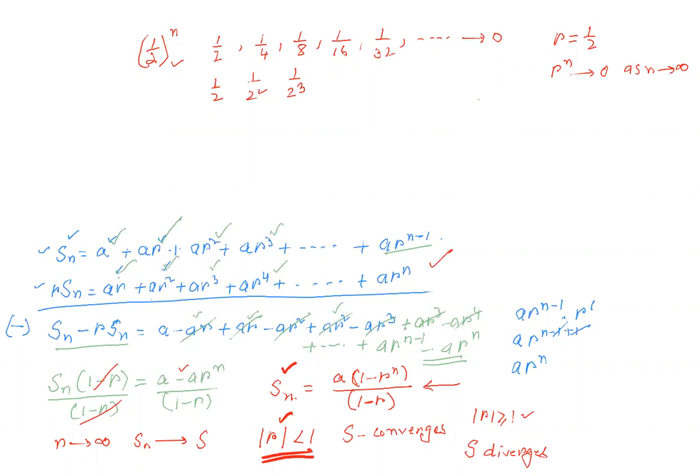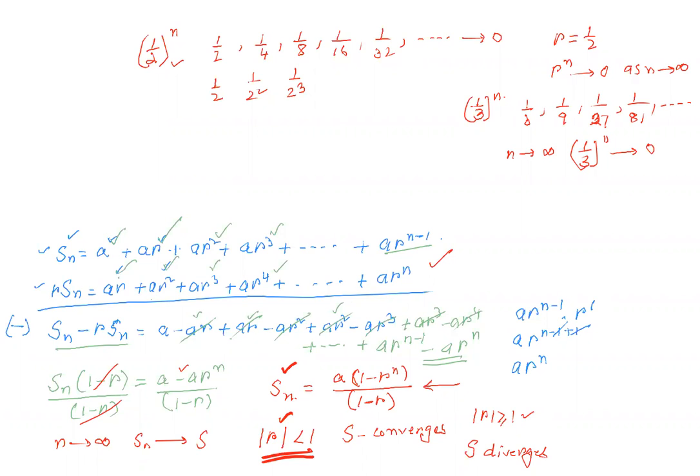It could be 1/3. If R is 1/3, 1/3 to the power 1 is 1/3, to the power 2 is 1 over 9, to the power 3 is 1 over 27, to the power 4 is 1 over 81. And you can see this number is getting smaller and smaller, and as n approaches infinity, 1/3 to the power n approaches 0.